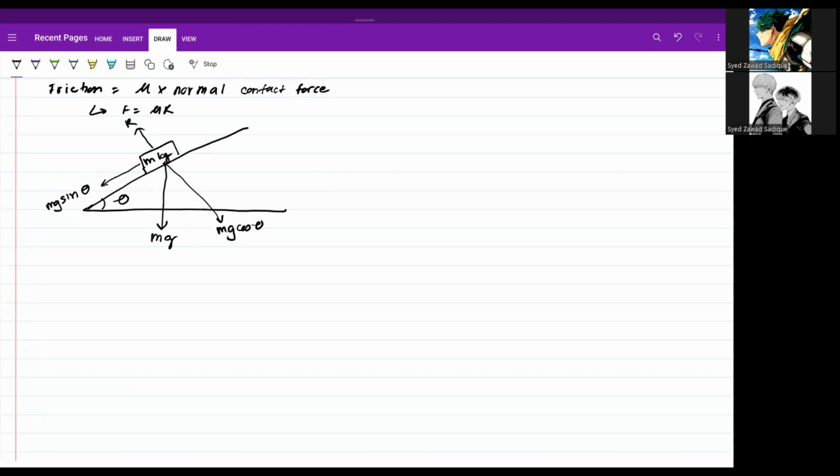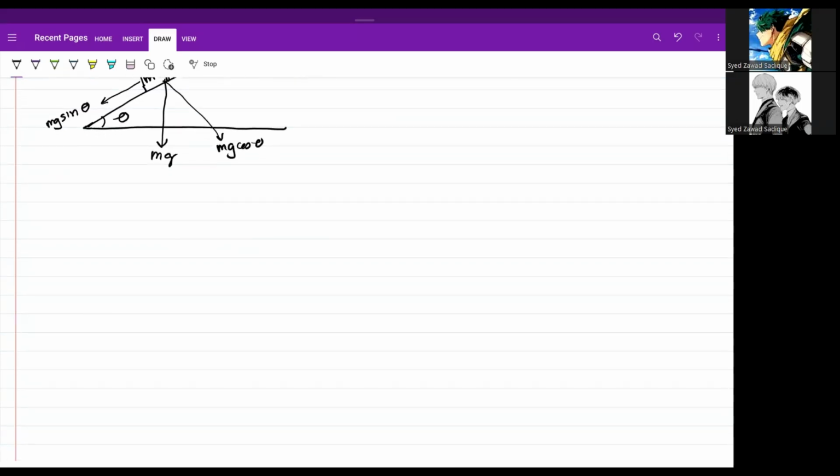Now, in physics, we learned that surfaces can be smooth or rough. In this chapter, we deal with rough surfaces. If the surface is rough, this side will have a friction force. You guys feel me? Now, how to do this?